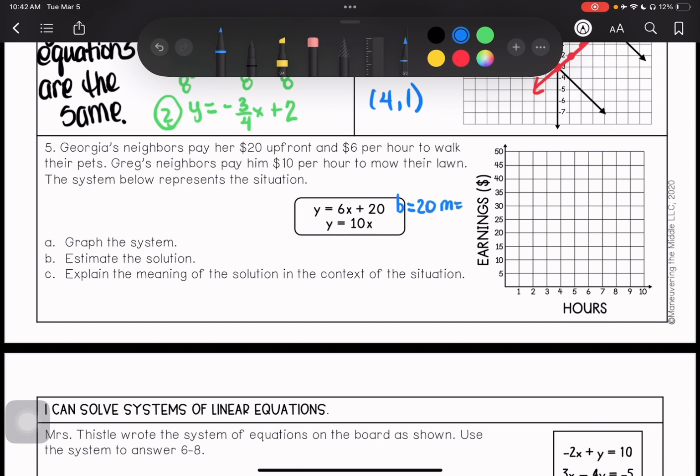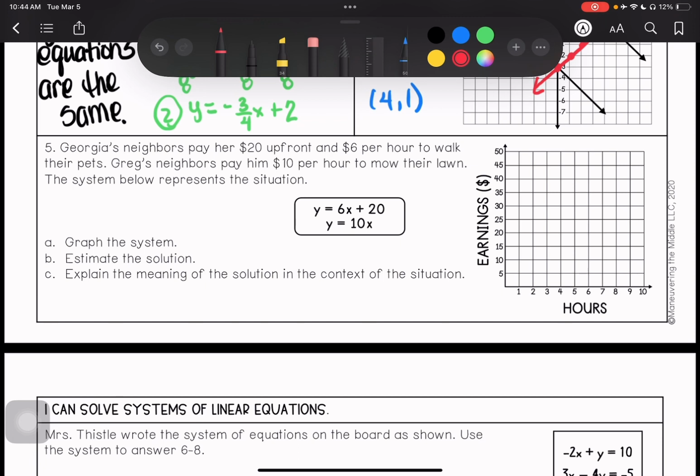The slope is 6 over 1. So I'm going to rise 6, which is about right here for 26, and go to the right one, which is about right here. And if I rise 6 more, that's about 32, and go to the right one.